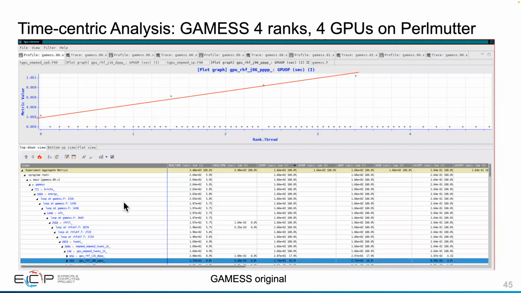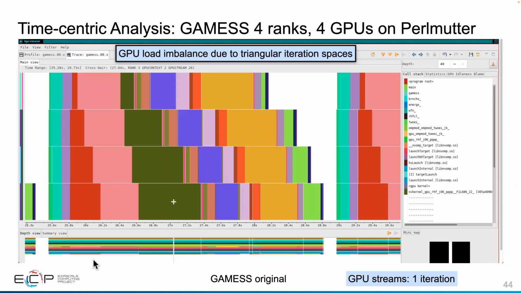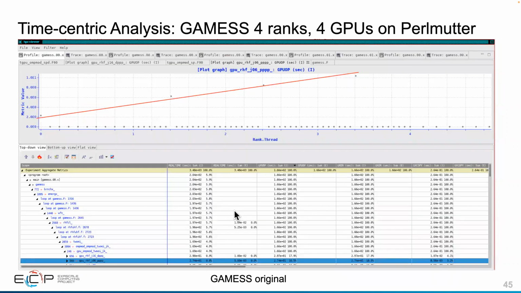And so what this shows is actually for that kernel, for this J06 kernel, as they call it, the load imbalance here. We can also see that load imbalance graphically by going in and selecting the J06 kernel and saying I want to graph it.